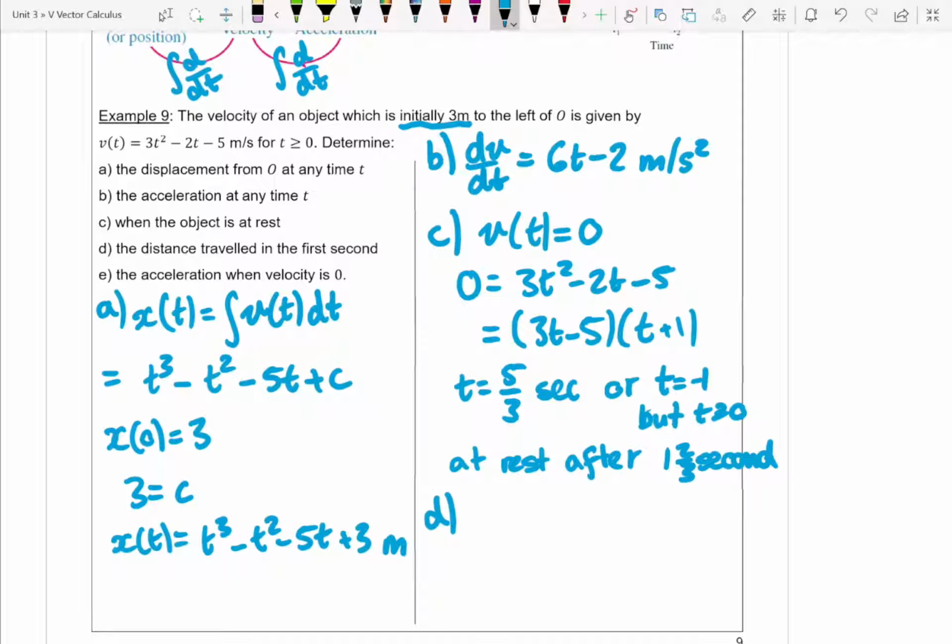Part D is asking us to find the distance traveled in the first second. So distance traveled is just going to be a difference in our x coordinates. So we want to check how did we go if we compare x of 1 to x of 0.